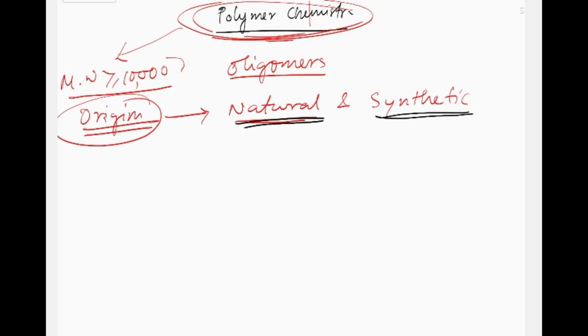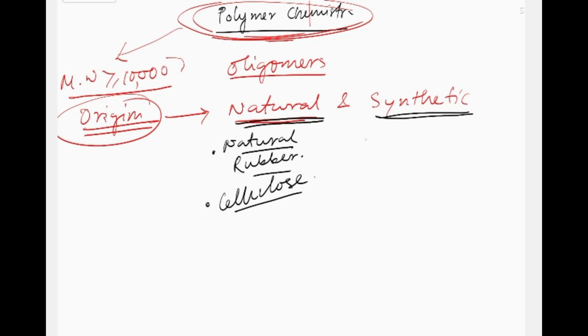Now, in natural polymers, we have examples like natural rubber. Natural rubber is a natural polymer, and cellulose is another natural polymer. Those are naturally available, and that's why they are called natural polymers. Now, synthetic polymers.